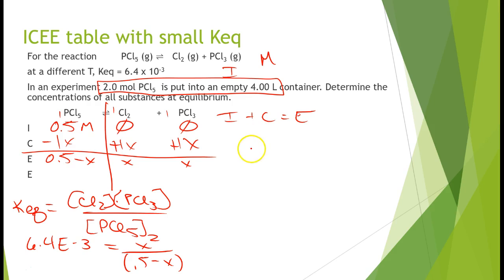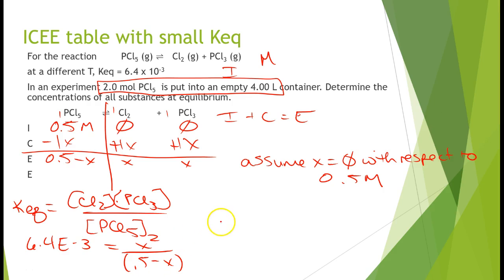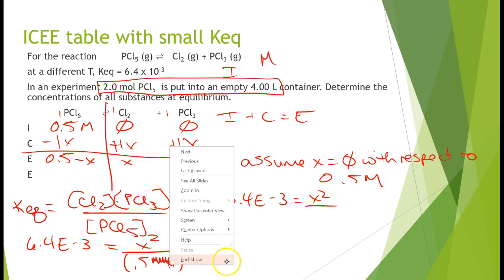What you can do is say, I assume that x equals 0 with respect to the initial concentration of my PCl5, so in this case, 0.5 molarity. And what that does is it turns my equation from 6.4 e negative 3 equals x squared over 0.5 minus x, this part of it goes away because x is 0 compared to this 0.5.